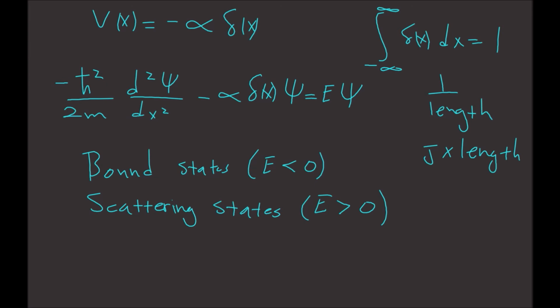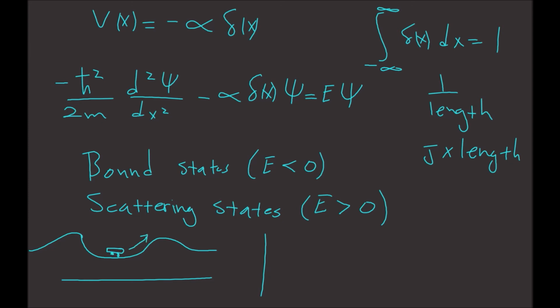Think of these bound states and scattering states as in a one-dimensional classical mechanics problem. This is the bound state: let's say this is the potential, and we have our car over here, and the energy of the car is not big enough to overcome this potential energy.